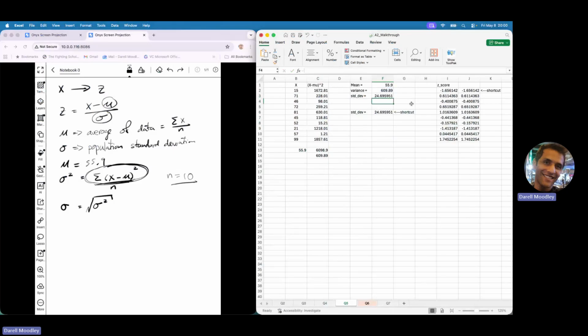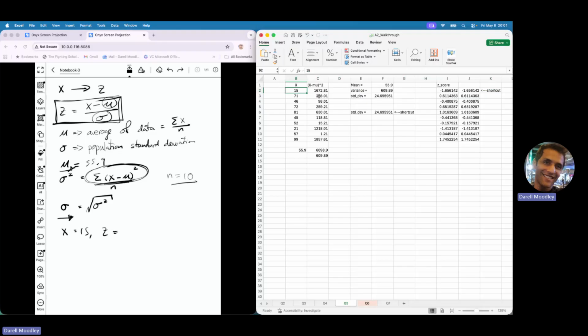Now, once I've got my sigma and I've got my mu, then I can start using this equation. If I want the equivalent z value for my first x value, which is 15, I'm going to use this equation here that I've got in a block.